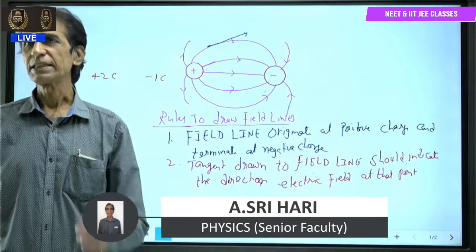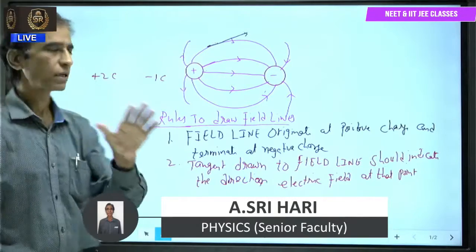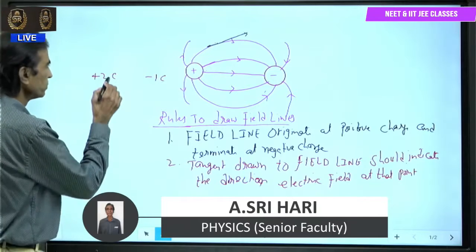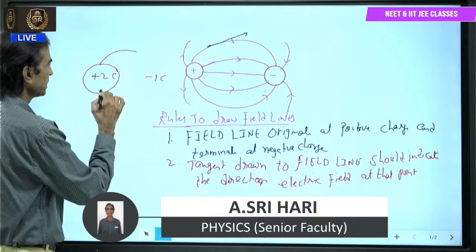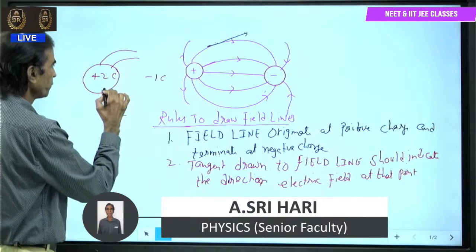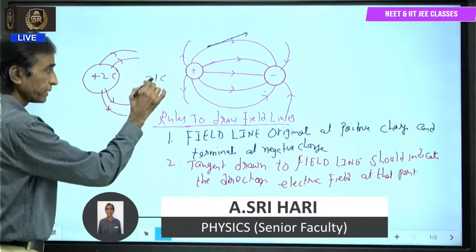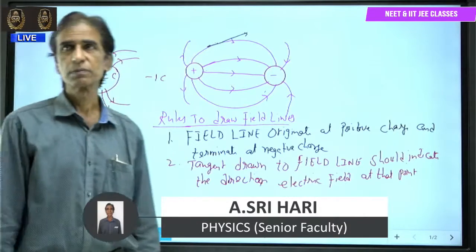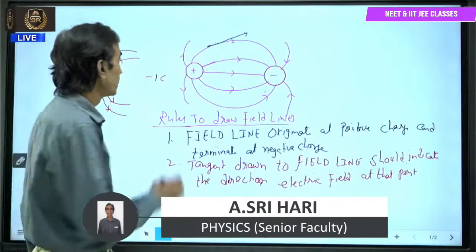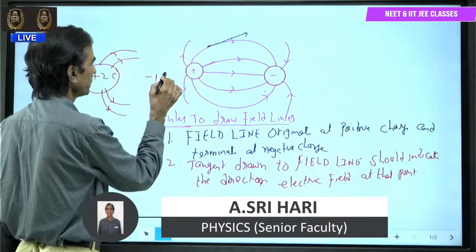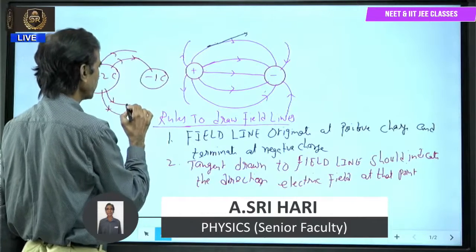If I draw 4 field lines originating from plus Q, how many lines should terminate at minus 1 coulomb? Only 2. The remaining will go somewhere, we don't know where they terminate, but I have to show only 2 lines here.